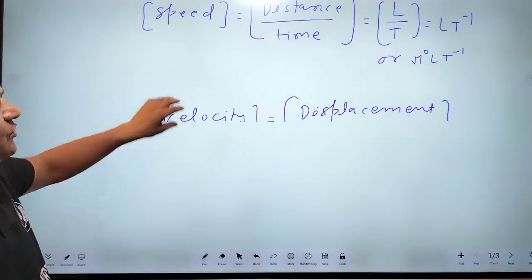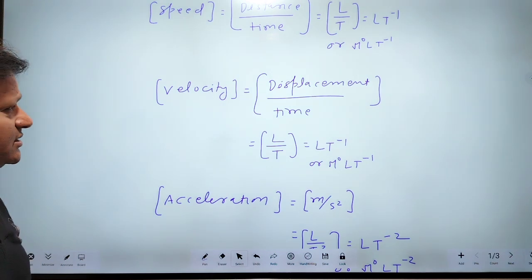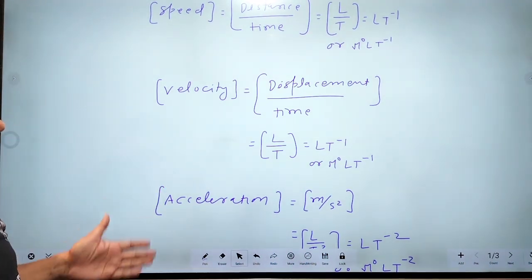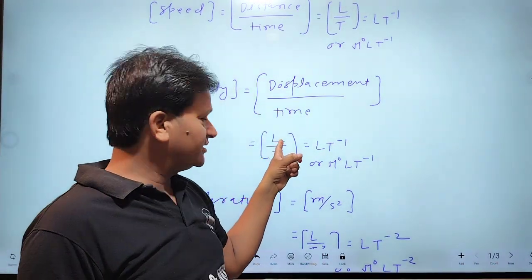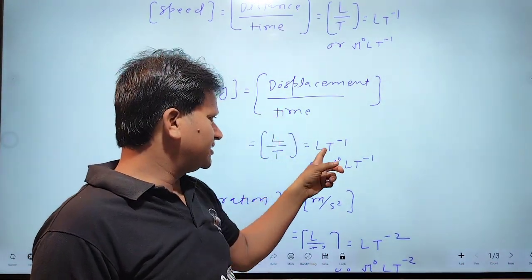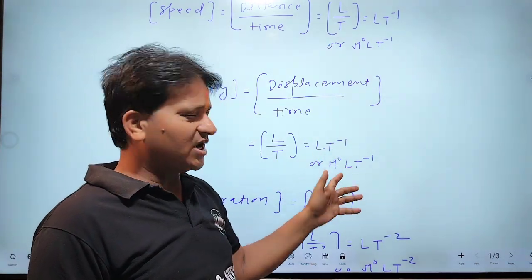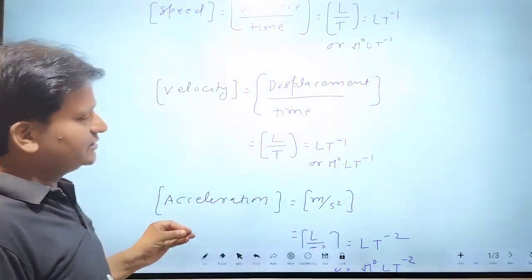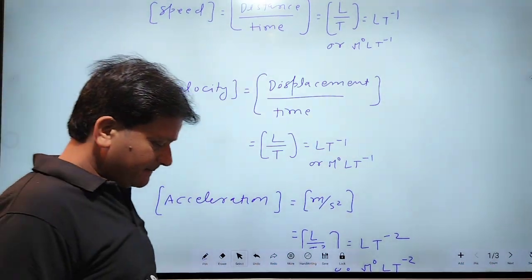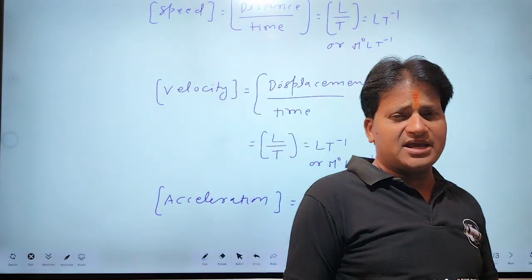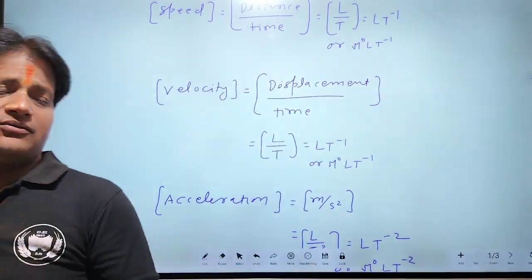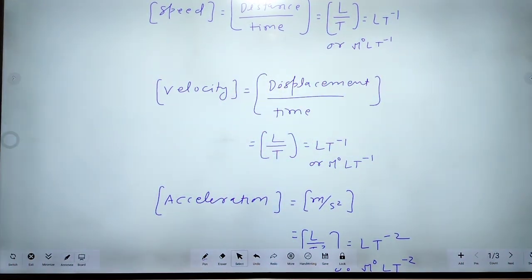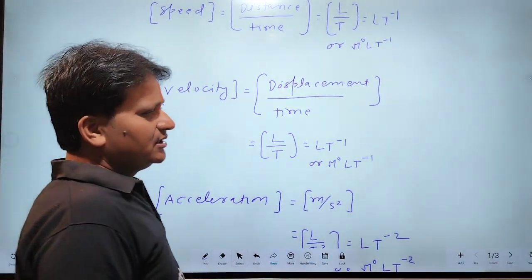Now I am going to find the dimension of velocity. What is velocity? Displacement by time is called velocity. Displacement is length L, time is T, so LT minus 1. Here we see that the dimensions of speed and velocity are equal.